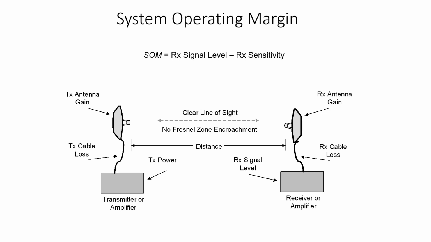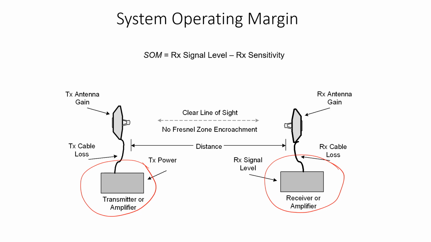One of the additional bits of information that we really need is something called a system operating margin, or sometimes a safe operating margin. I've got a diagram here which shows a typical deployment of an external system, with a transmitter on the left hand side and a receiver on the right hand side, and we're keeping this design very simple at this point.